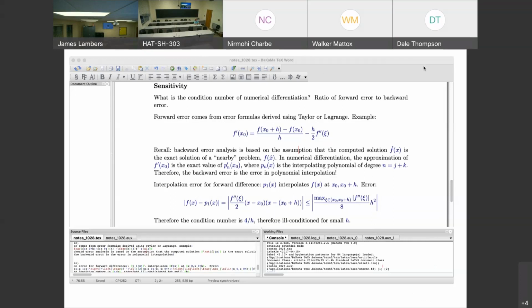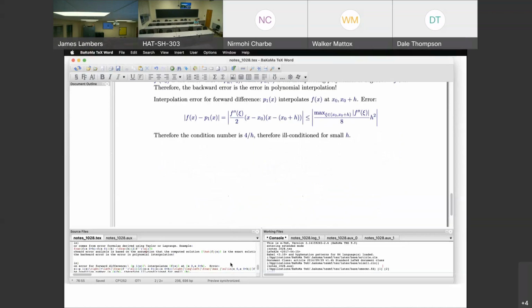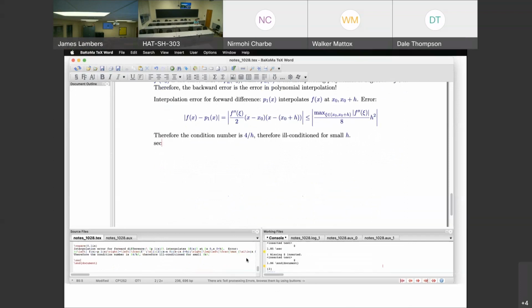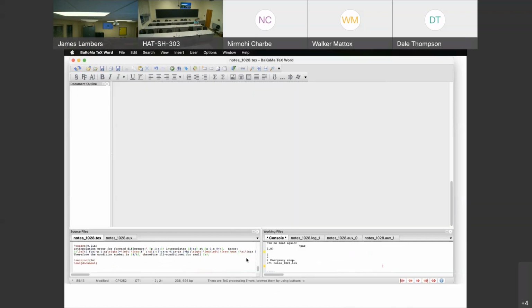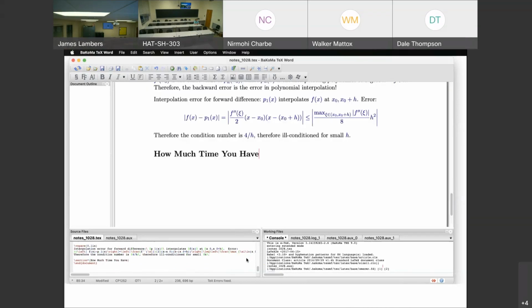Actually, I'll look at the academic calendar, just so everybody has an idea of what they're working with. Okay, so I'll just make a note here.